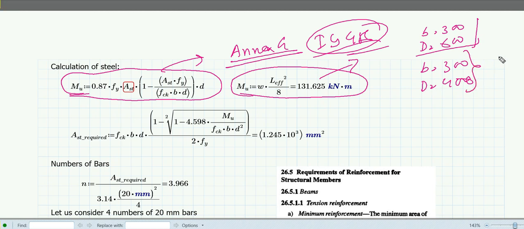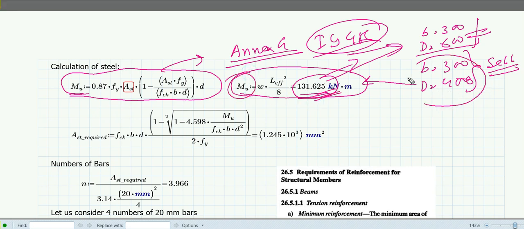So definitely in this case the self weight will be less than what we calculated, but this value that we are taking is from the previous one. Here the self weight was more, but now obviously the self weight will reduce, so the Mu value will reduce if I consider this self weight, because the dimension is reduced.